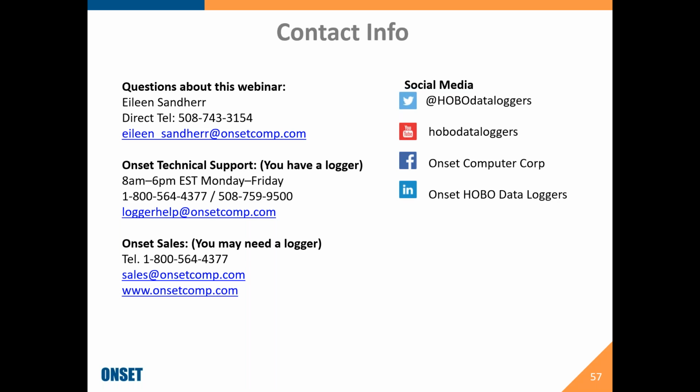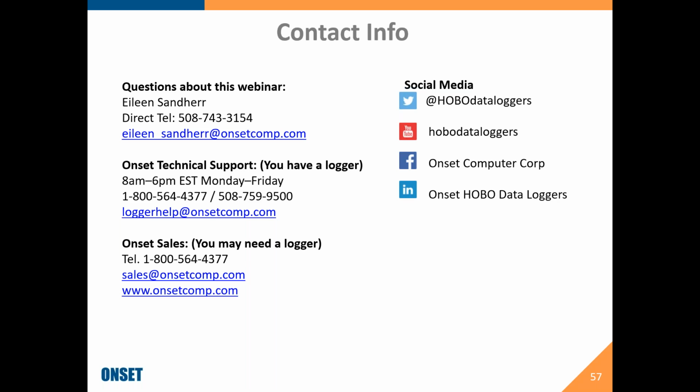Sure. On the USB style loggers, they use HOBOware. We have a free version that supports what I call the simple data loggers, like temperature, relative humidity, AC current, for example. And that is free. That's a free download. All that's needed is a $10 USB mini B cable. The HOBOware Pro software, which is also for the USB style data loggers, is $99 for us to send it to you on a USB drive or a CD that includes that USB mini B cable.